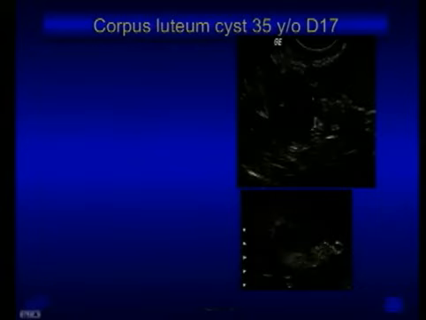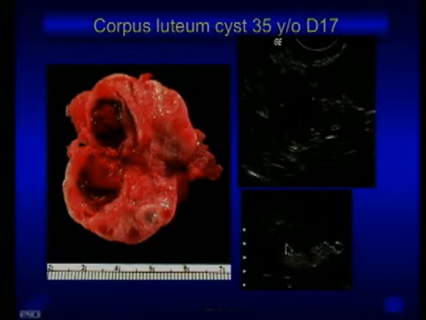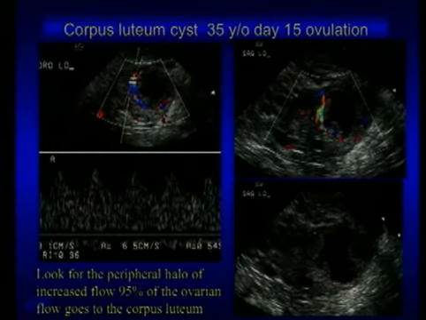Here you can see in vivo the corpus luteum cyst, about a 2 centimeter mass. In vitro, the mass with small low-level internal echoes. And finally, on the excised specimen, here's the ovary, and a nice 2 centimeter corpus luteum cyst with no blood in it.